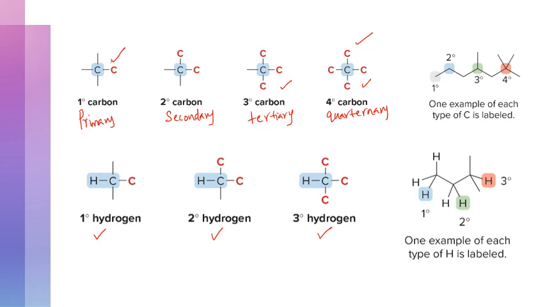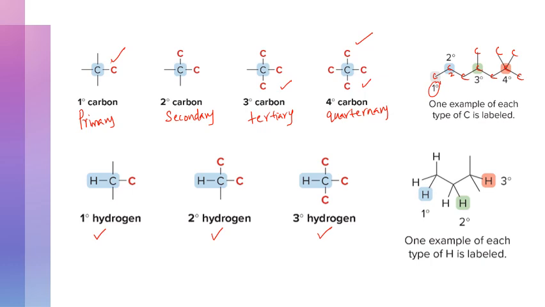Now when you see this type of structure, how can we recognize the primary, secondary, and tertiary carbons? Let us say that each end and bend is a carbon atom, right? Then we draw the bonds around each one. We have only one bond for the first carbon here, which means it is attached to only one other carbon atom, so this is going to be a primary carbon atom.